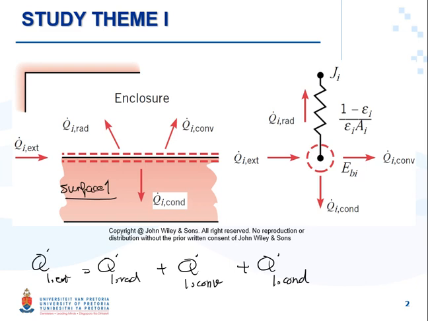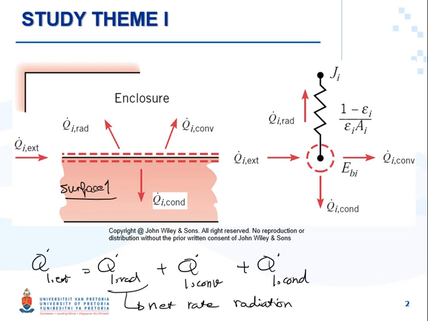It's not compulsory that we have all three, sometimes you don't have convection, sometimes you don't have conduction, but this is the general form. But what is this radiation here? Basically, it's the net rate of radiation heat transfer from the surface, and can be determined from the knowledge that I talked about during the last couple of lectures.